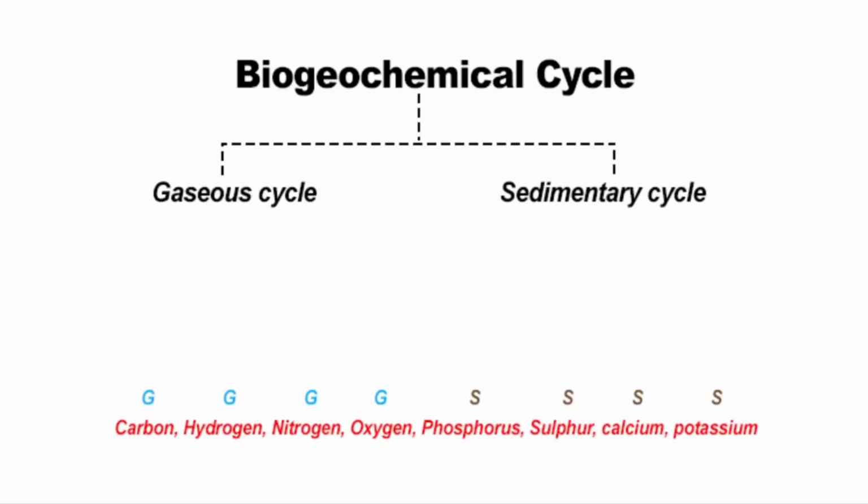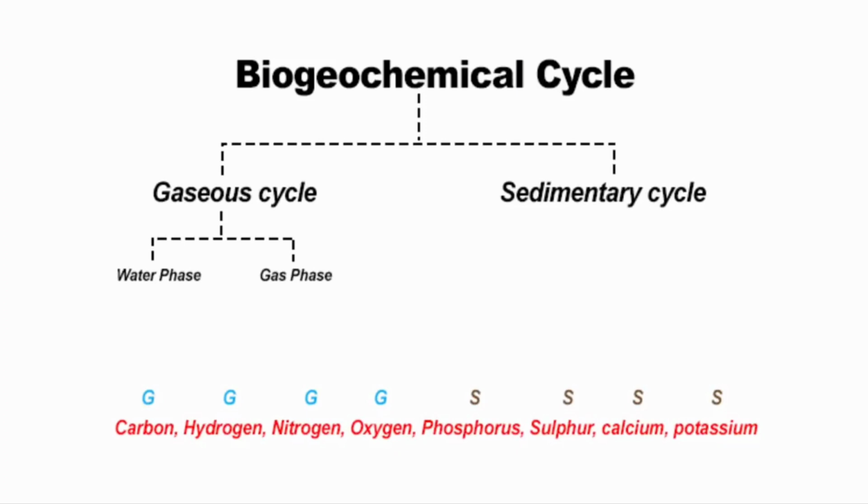Now if you look at the gaseous cycle, obviously the elements are in gaseous form. But there are some combinations of these elements such as hydrogen and oxygen that go on to become water. That means the gaseous cycle has both the gaseous phase as well as the water phase. After all, evaporation converts water into water vapor, which is liquid to gaseous state.